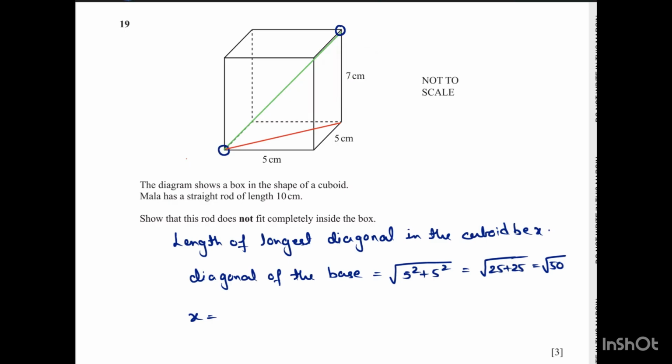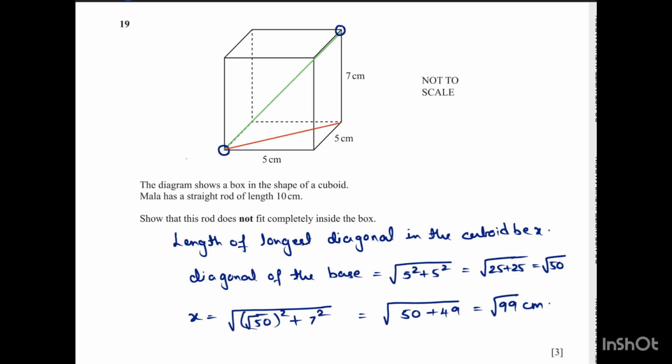Taking the triangle, you can write square root of root 50 whole square plus 7 square. So root 50 squared is 50 and 7 square is 49. So it is root 99. This is the length of the longest rod which can be placed inside this cuboid.